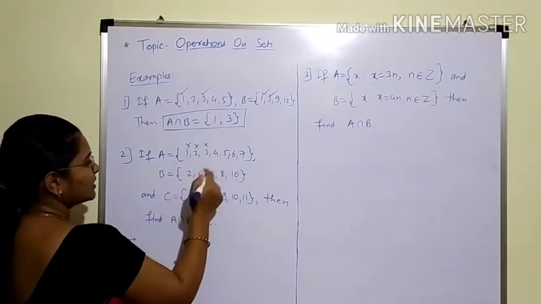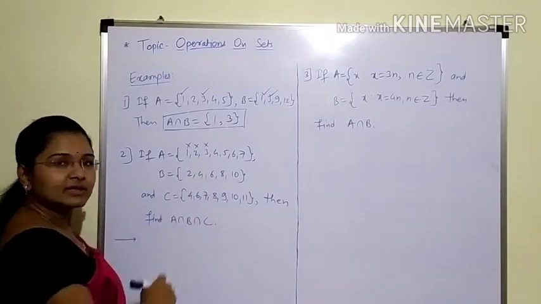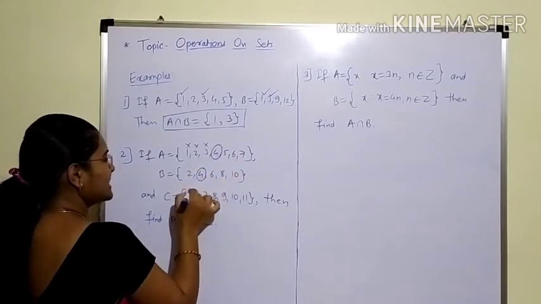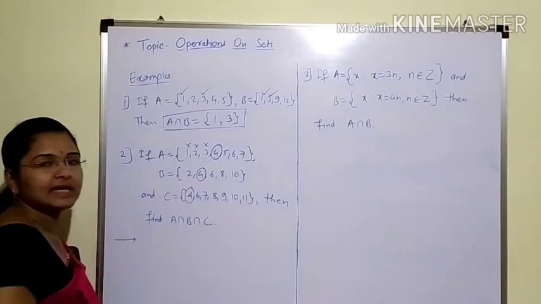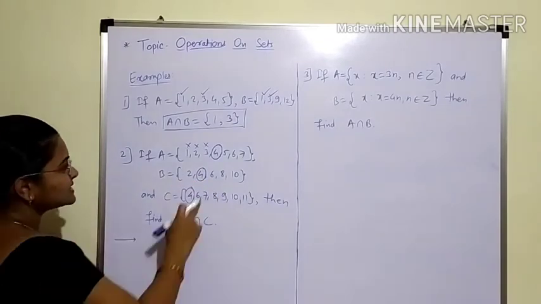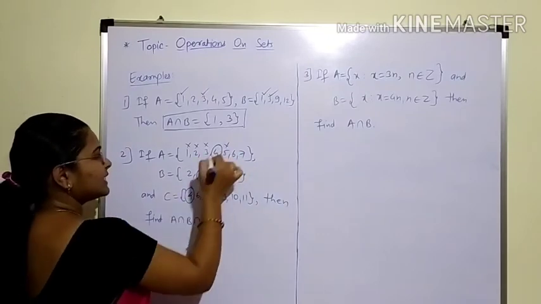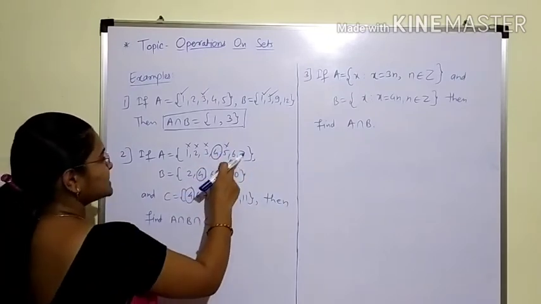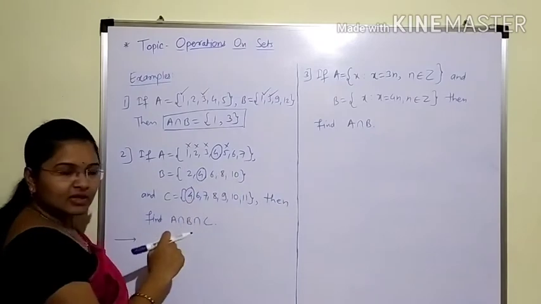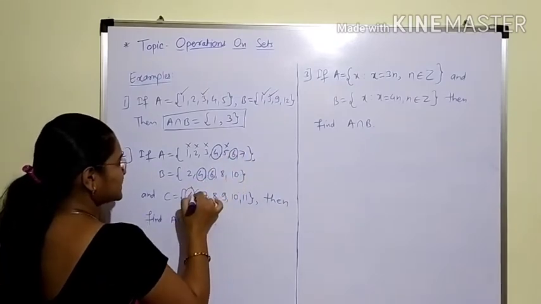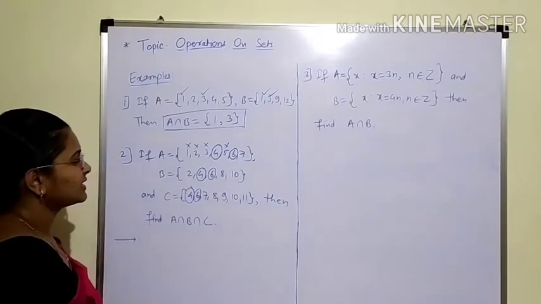Now 4. Element 4 is there in all three sets, so we'll take 4 in the intersection of A, B and C. Now 5. 5 is not there in B and C, so we'll not take 5. Then 6. Element 6 is there in all sets, so we'll take 6 in their intersection. 7.